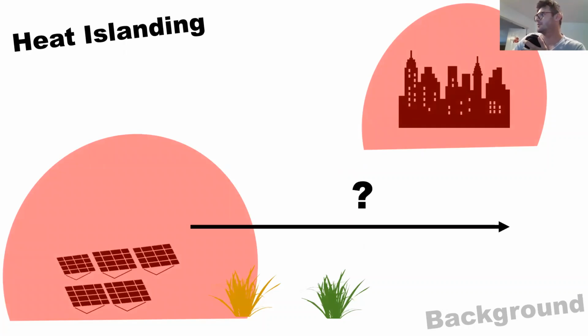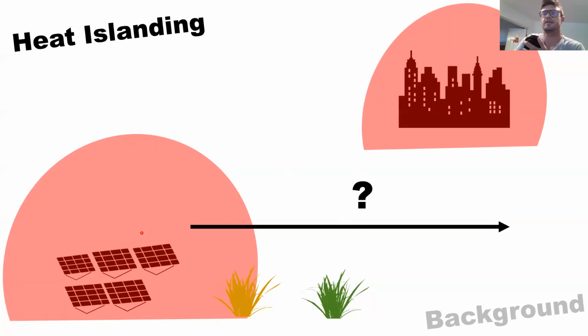There have been a lot of studies around heat islanding effects, especially as it pertains to larger cities and the use of concrete, asphalt, and such. So right now, using those same dark materials, we're looking at how far out this heat islanding effect goes, or how much we can expect to see it with these solar panel farms.